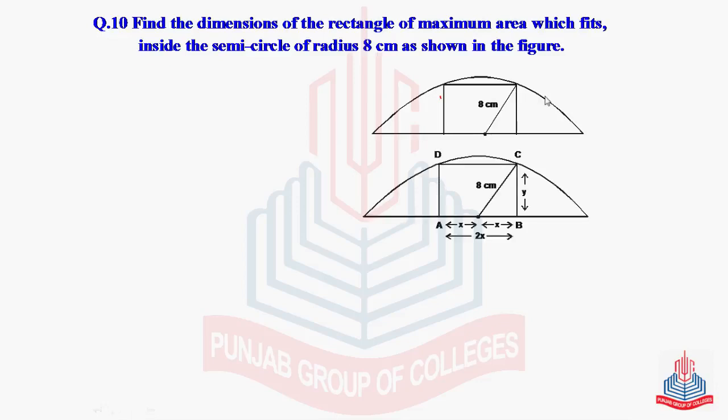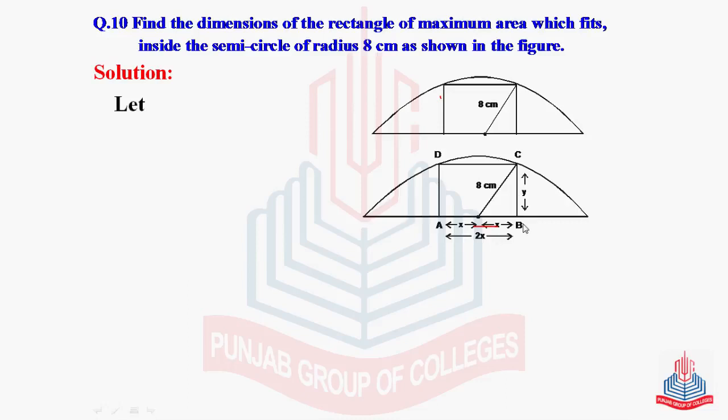Let just change this diagram as, let this one be the required rectangle with dimensions 2x and y. So this will become x, this will become x. The total length of this required rectangle is 2x, and this one is the width of the rectangle.